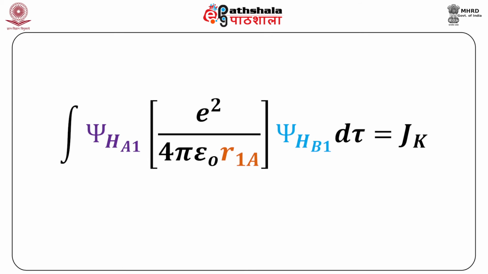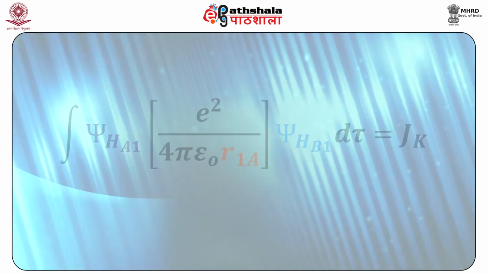Whereas the second term is the integral d tau psi Ha1 e square upon 4 pi epsilon 0 r1a psi Hb1.